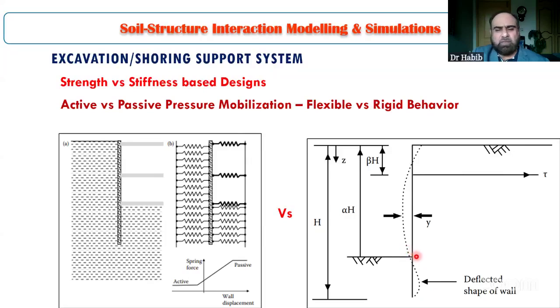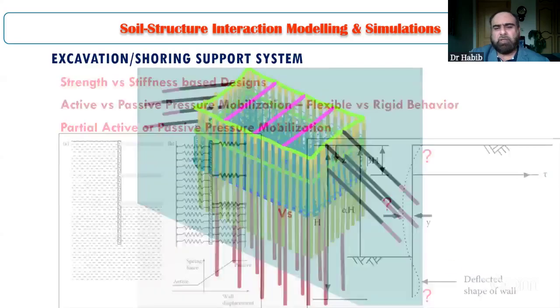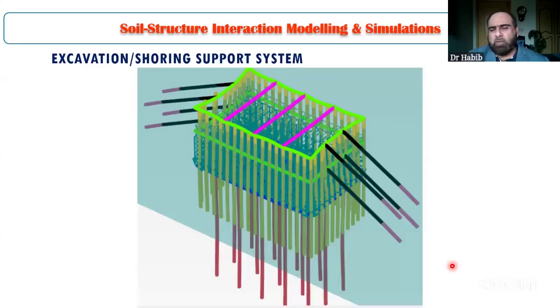So using the empirical systems common in practice, I will say, we cannot capture such realities. These realities we can capture only using a model like this one. We can see here this is a complete model in which we have struts, we have anchors, we have shoring piles, we have railings, etc.